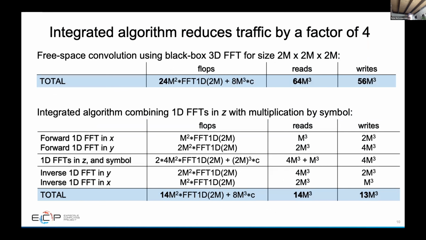So in summary, when we compare free space convolution using a 3D FFT library routine as a black box with the dimension by dimension padding and pruning and the integrated algorithm, we save some floating point operations. But more important is that the number of reads and writes is reduced by a little more than a factor of 4.